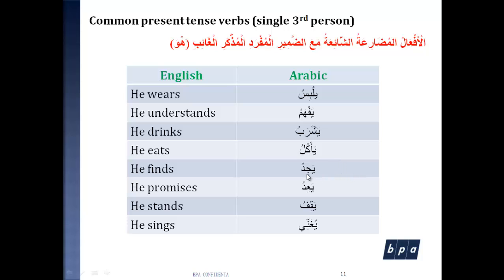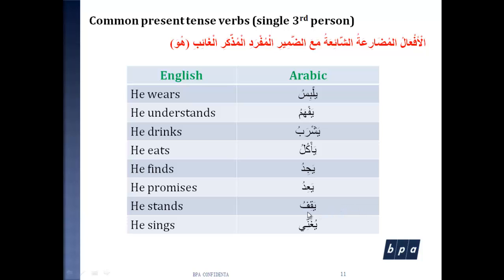وجد, يجد, he finds. Recall as we indicated for wasala, again the waw disappears and the ya takes its place. Again, wajada, yajidu, he finds. Wa'ada, ya'idu, he promises. It's the same pattern.